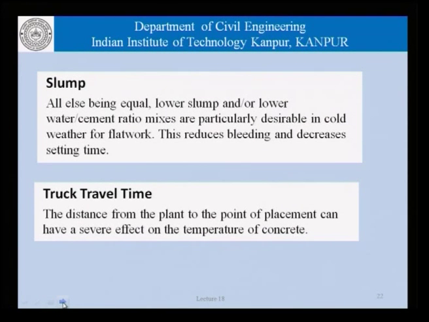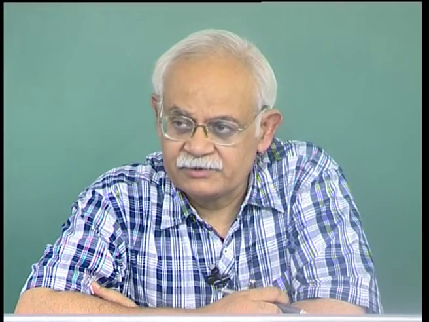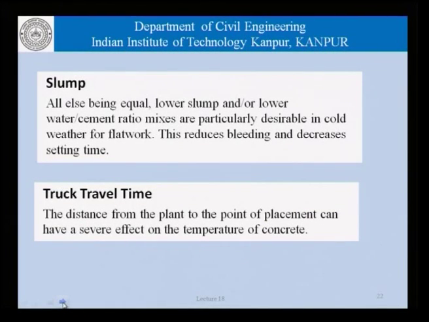We need to take into account all kinds of things, like the truck travel time. How much time does the concrete need to be on the move during transportation? That includes the distance from the plant to the point of placement and so on. If these things are not accounted for, the properties of the concrete can be adversely affected.